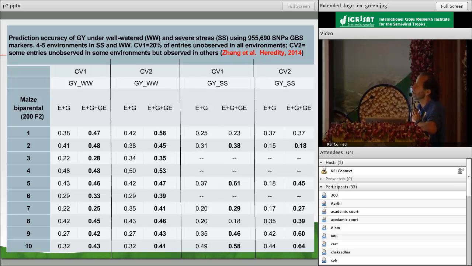As you can see here, we don't use any environmental covariables. We just use markers. And you see that there is a consistent increase in the prediction for each of the biparentals when we include the G by E in the model. Under stress, this is much more difficult. The prediction becomes, at least for some biparentals, much more difficult than in well-watered conditions.